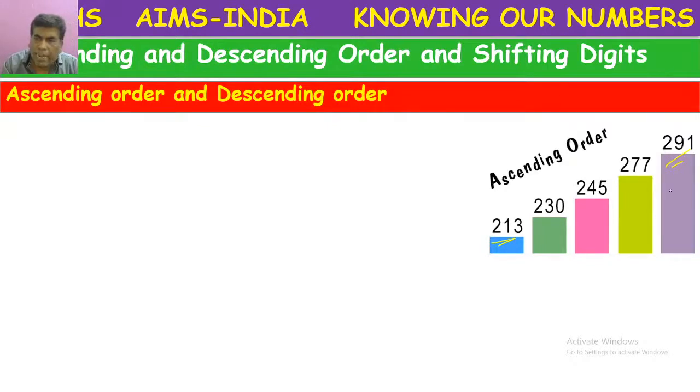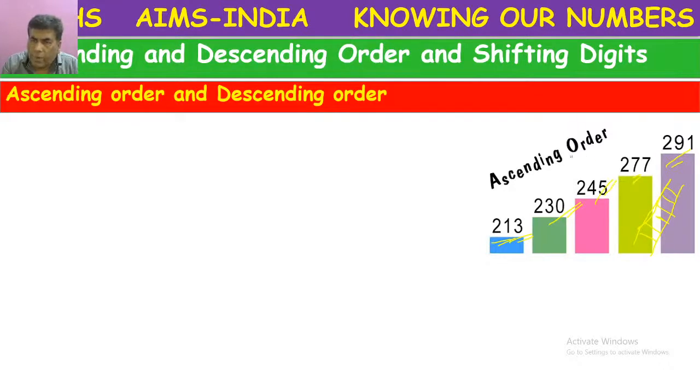You know the meaning of ladder. If you want to climb anything, we take the help of a wooden ladder or iron ladder. Ascending is from downwards to upwards, climbing up.